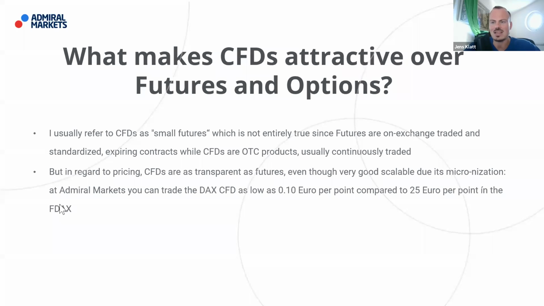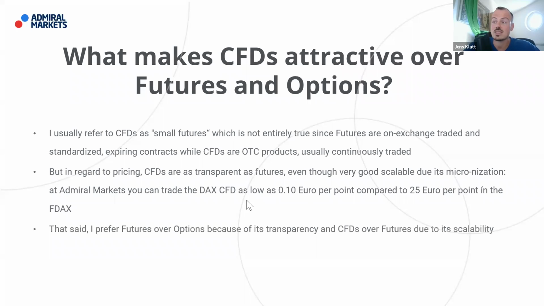There's also now a mini FDAX, which is then 5 euro per point, but still quite heavy compared to the DAX CFD, which is usually only 10 cents per point. That said, I prefer futures over options due to the transparency, since options are, to some extent, intransparent when it comes to the Greeks.